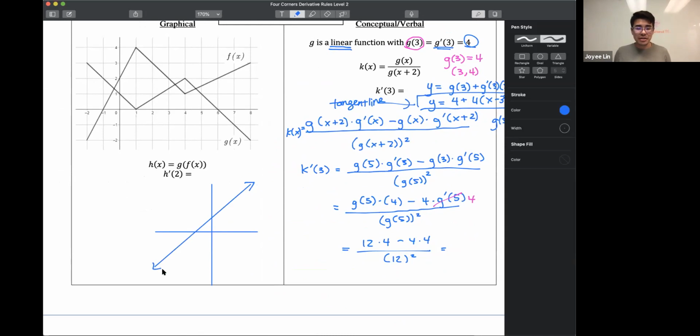The derivative is the slope at any point along that line. Well, it's a linear function, so the slope is always going to be 4 because it's a line. So just based off of that word linear, we know that g prime of 10, g prime of 2, g prime of infinity is always just going to equal 4. Does anybody have any questions on that one?